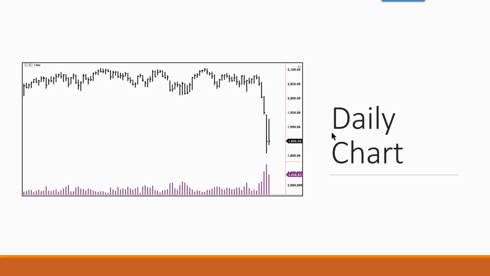So the buyers are now in control. I'd anticipate a test tomorrow somewhere towards the second day low, and look for a long targeting the daily high or the 2-day high. Very good, Brian. Yeah, very good.